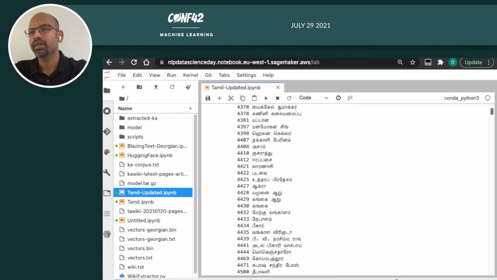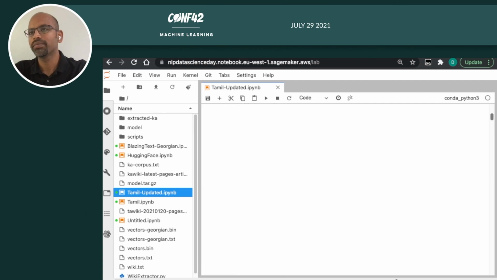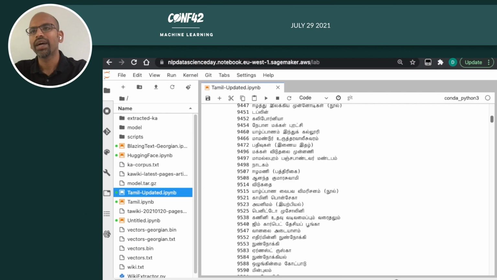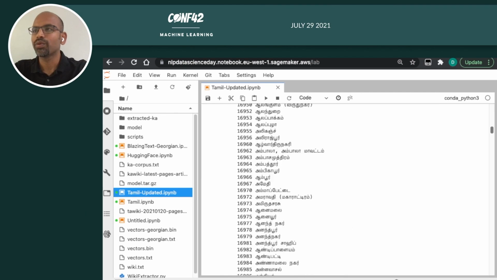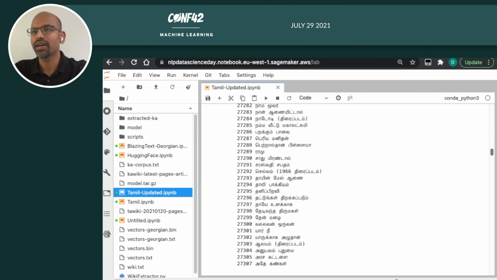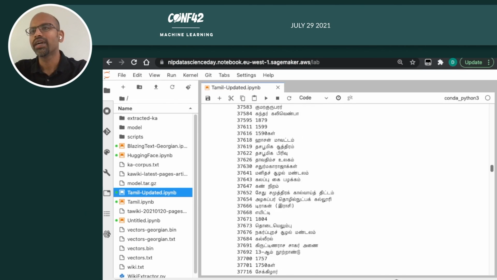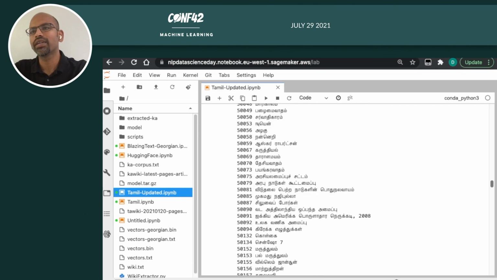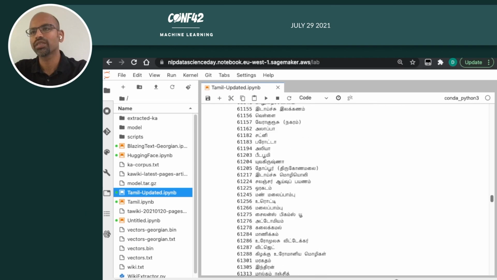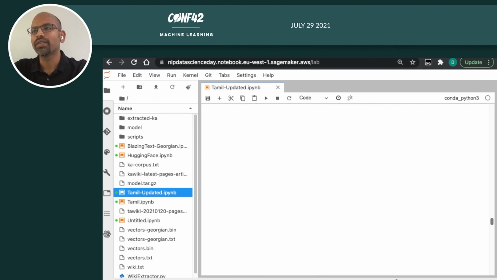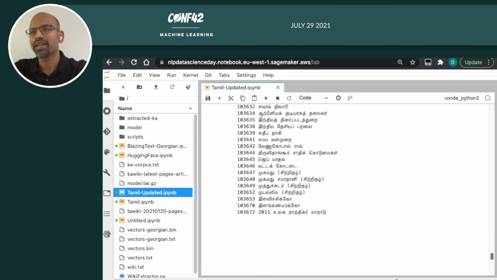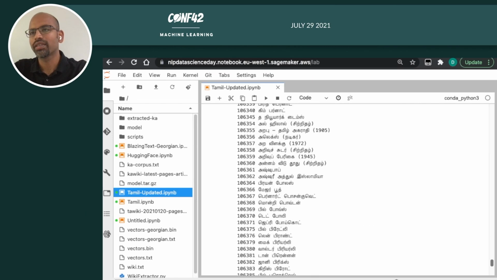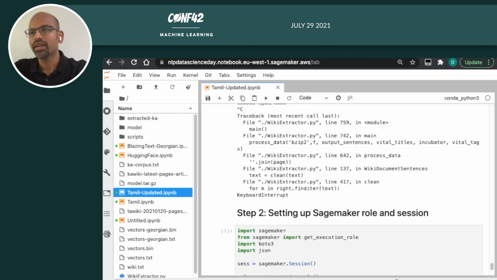Now this is a very big dump that I had downloaded, so I didn't want to waste time during the demo, and hence I have done that hard task of getting this downloaded and training the model prior to this session. So I'll just drag to the bottom of the extraction part, or rather the cleanse part.